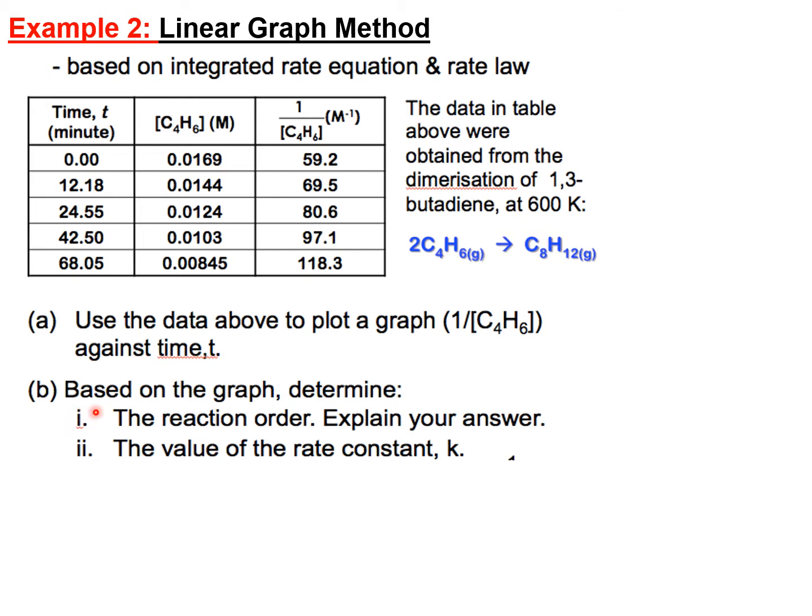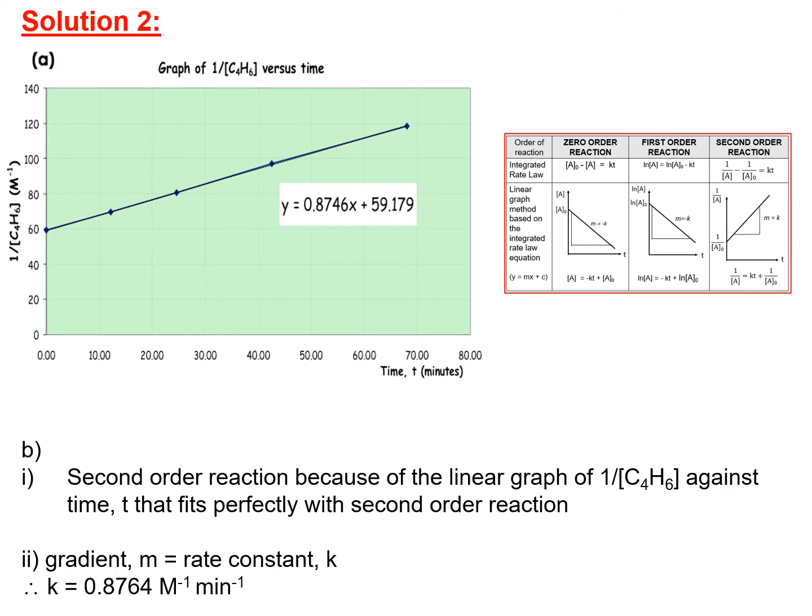Then B, based on the graph, determine the reaction order and explain your answer. And next, state the value of the rate constant. That is why I told you to memorize this table so that you can easily predict the graph. Alright, so now it asks you to plot the graph of 1 over concentration of C4H6 versus time in minutes.